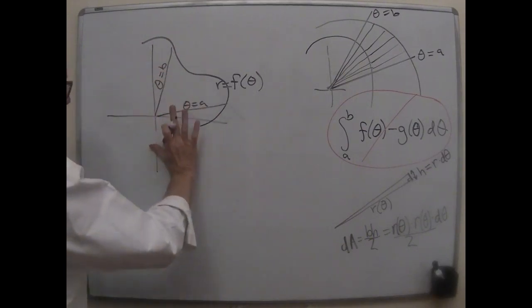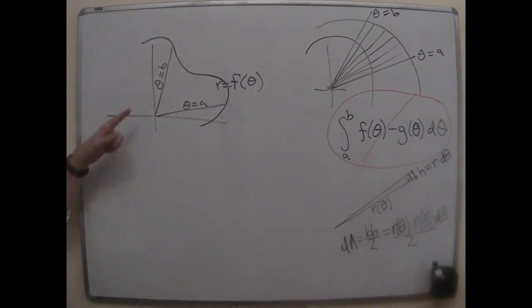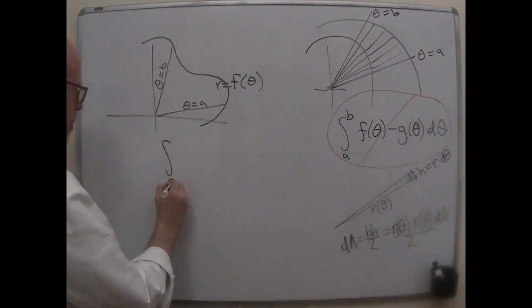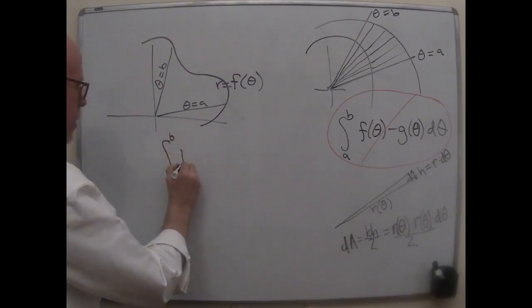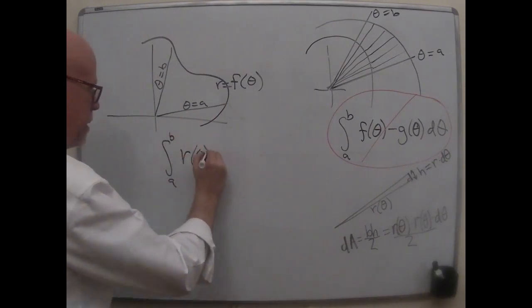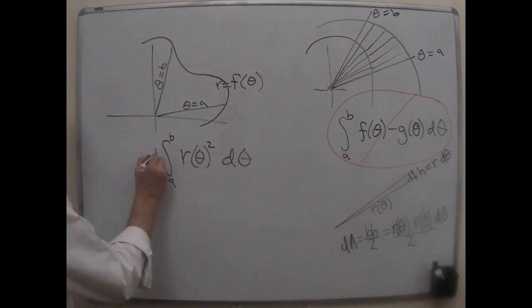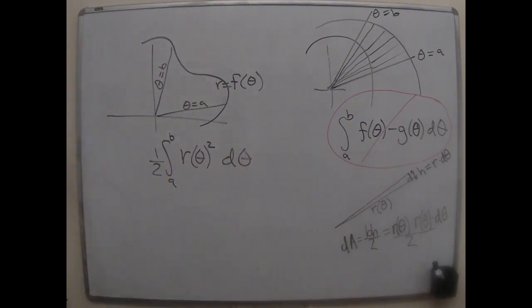This volume in here, or excuse me, I said volume, I do mean area. That area is the integral from a to b of r of theta squared d theta, and there's a factor of a half in that that I almost forgot about.